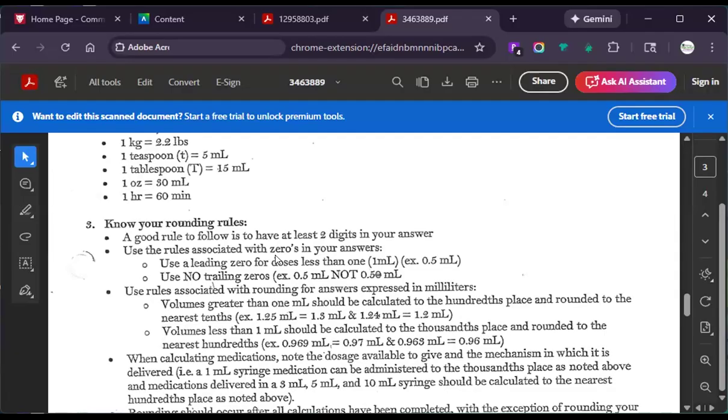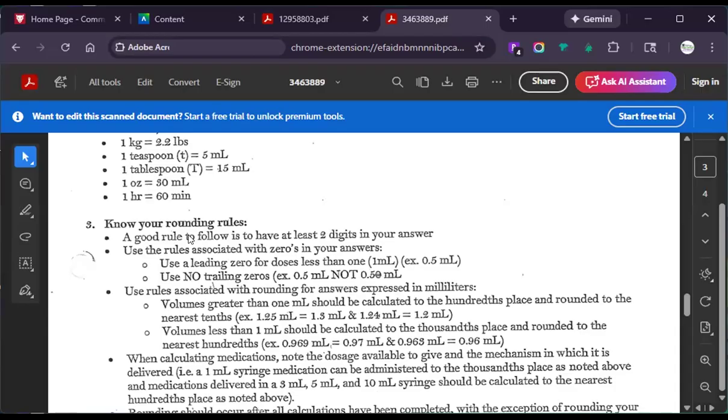Common questions I get from students, especially when you come across some of the answers, you might have a question about, well, when do I round? Okay. So there are specific things to round. The first thing is, and you'll see me role model this, do not round your basic unit to unit conversions.